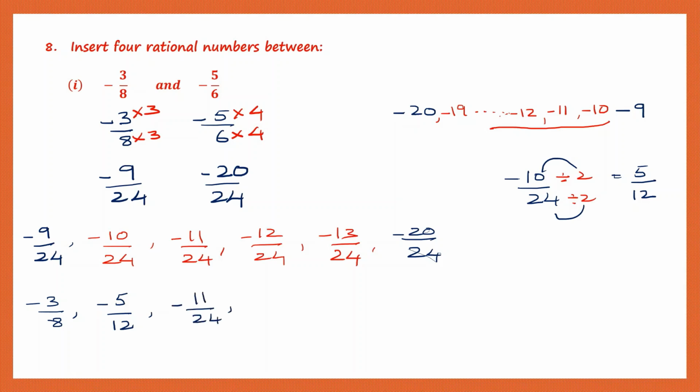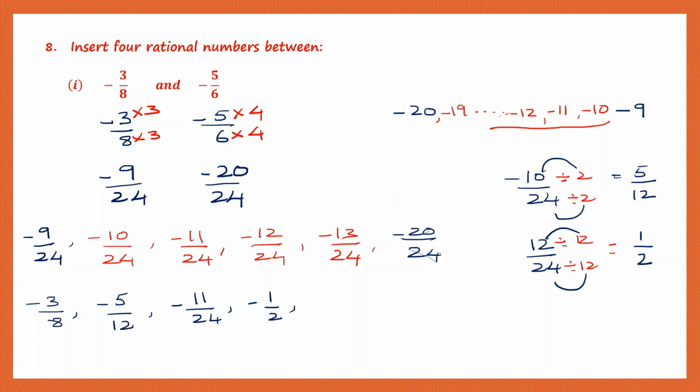Then we have minus 12 by 24 again. 12 by 24 can be reduced to the lowest term. We can divide both by 12 itself. Divide both by 12. What do we get here? 12 ones are 12 and 12 twos are 24. So that is 1 by 2, which is minus 1 by 2.